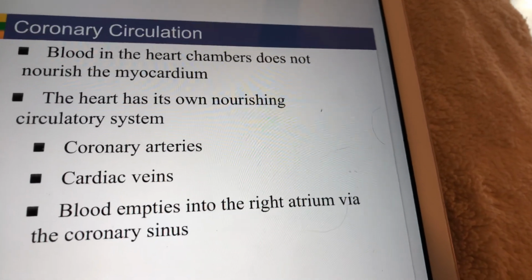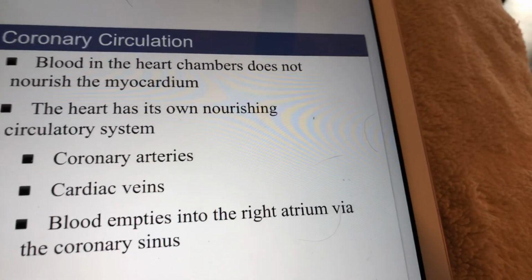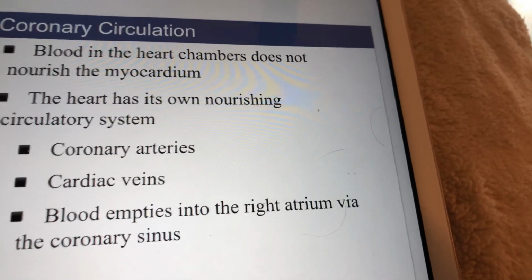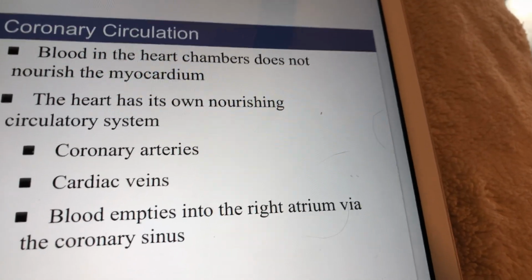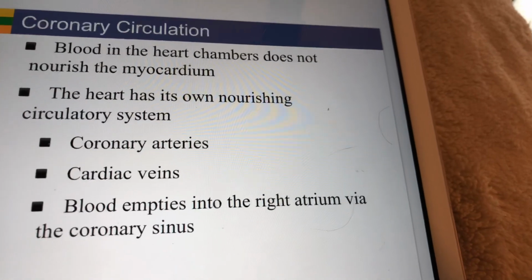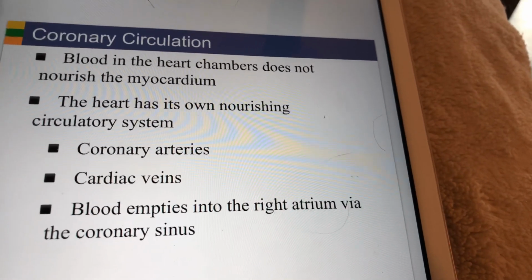So we get that through the coronary arteries and the cardiac veins. They're also called coronary veins. So the blood is going to empty from the heart itself. The cells of the heart need nourishment as well. So that blood is going to empty into the right atrium through what's called the coronary sinus, as you see there. And it kind of merges with the superior vena cava.